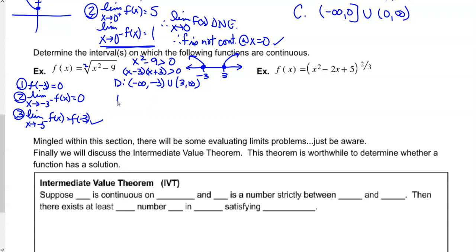Now, what happens when I check around f of 3? F of 3, plug 3 into my function, and I go 3 squared minus 9 is 0, and the square root of that is still 0. Number 2, if I look at the limit as x approaches 3 of f of x, it equals 0.